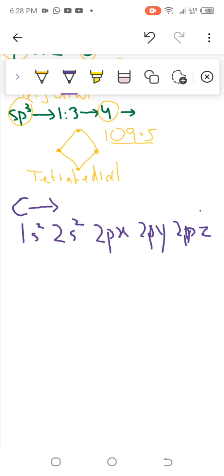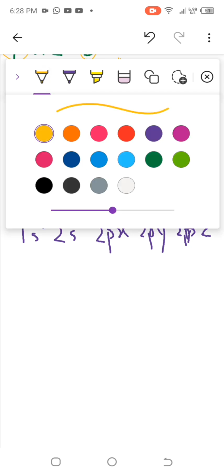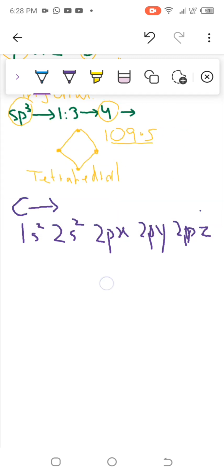Fine. And now we give the spins: 1, 2, 1, 2, 4, 5 and 6, as carbon has atomic number 6. So this is the ground state.